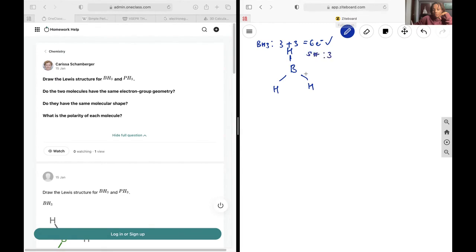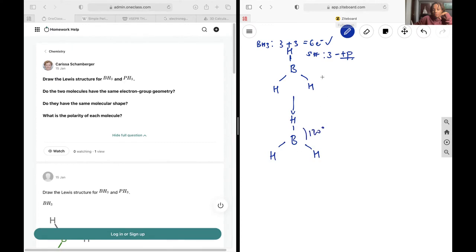It will be 3 because I have 3 bonding pairs, no lone pairs, and this would indicate that it's trigonal planar. And so when I draw it out, it will look basically how I had drawn it before, with angles of 120 degrees between them.